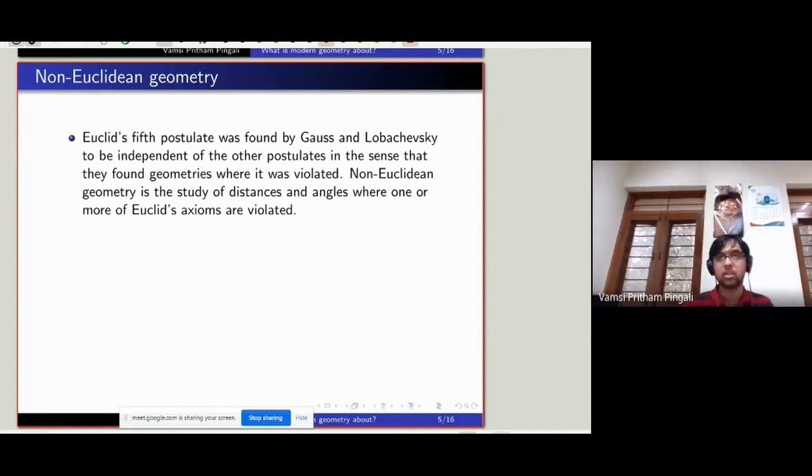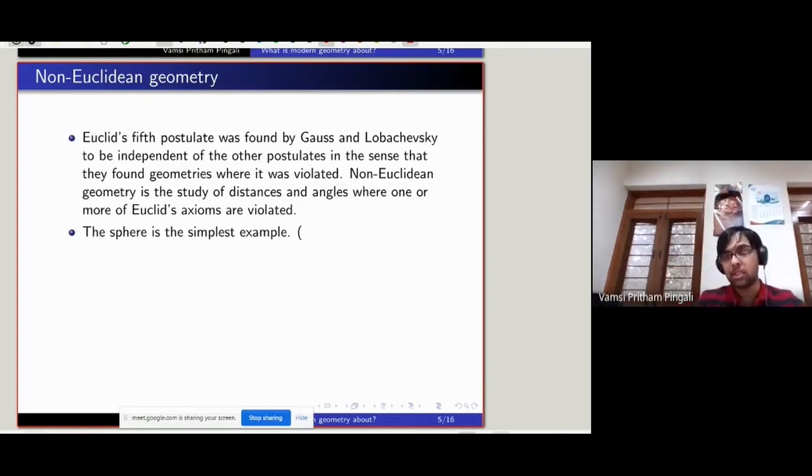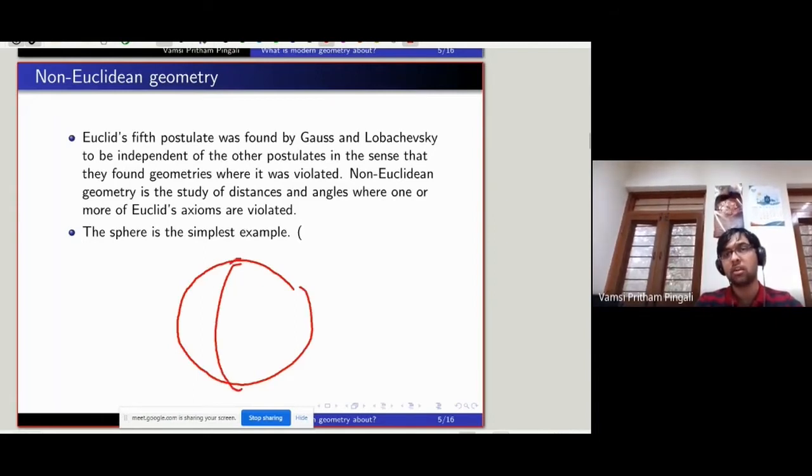So hyperbolic geometry violates only the fifth axiom. However, if you are willing to violate certain other axioms, you can get a much simpler example of a non-Euclidean geometry, namely the sphere, namely the surface of the Earth.